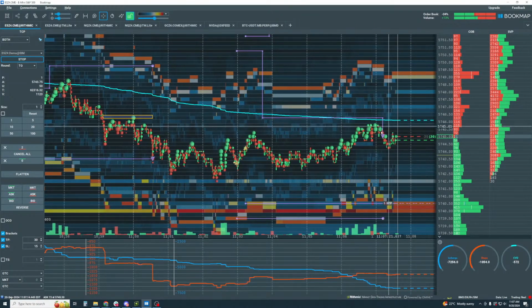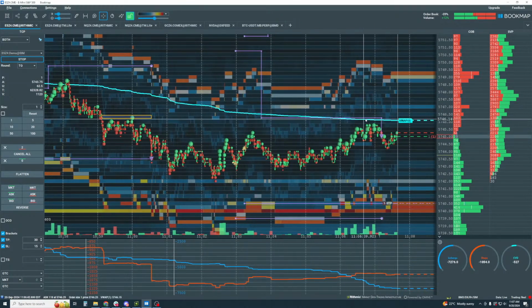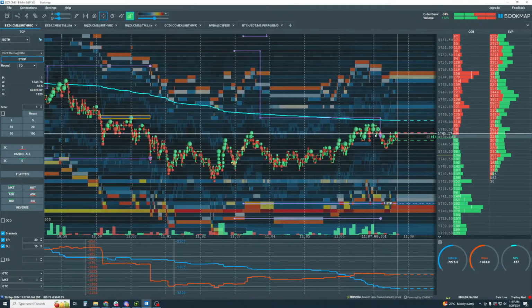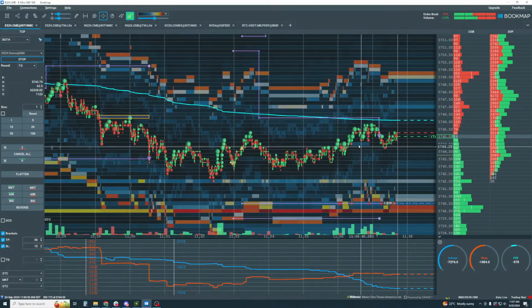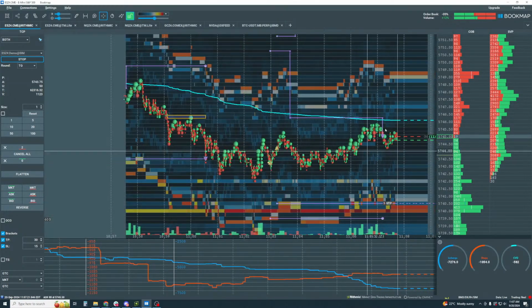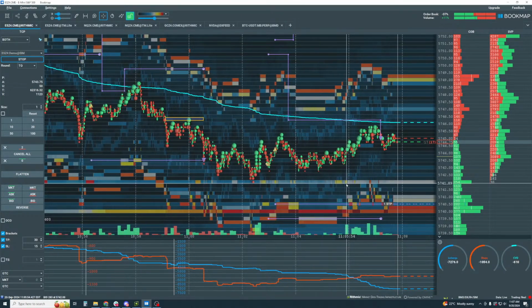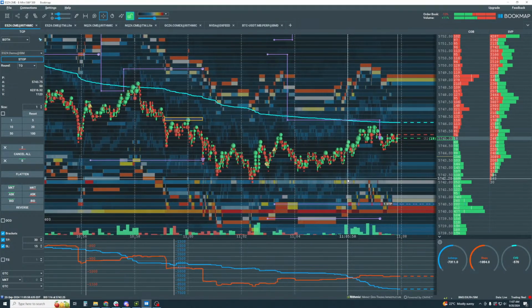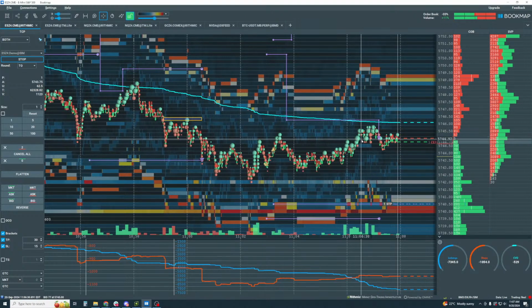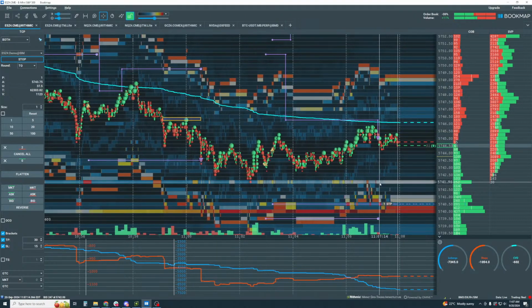Okay, so we took a little profit off. Didn't quite hit here, but reduced some risk. And again, guys, it's a small example on a very small time frame, but the concepts hold true on much higher time frames.